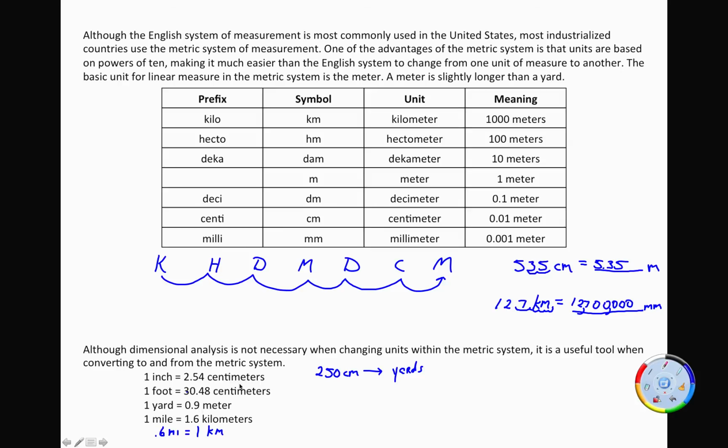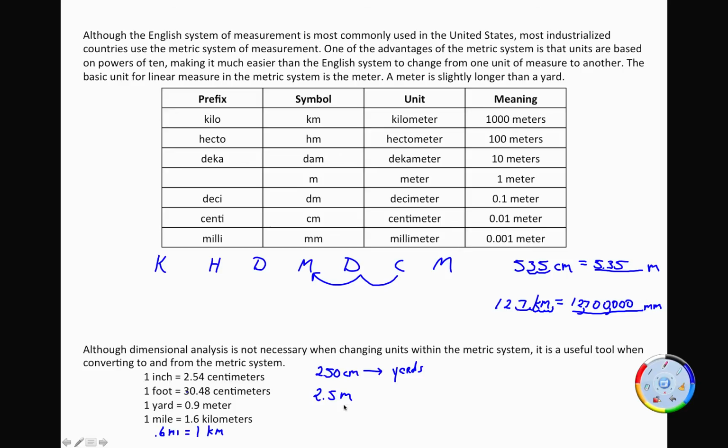Either way, I'm going to perhaps start with changing to meters. So I'm at 250 centimeters. If I want to go to meters, I need to move my decimal 2 places to the left. So now that means I've got 2.5 meters.